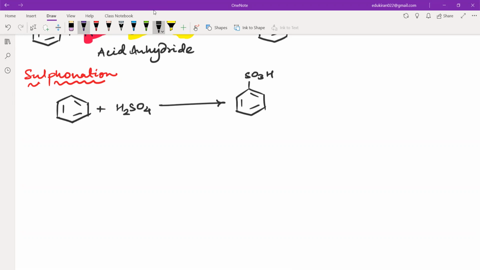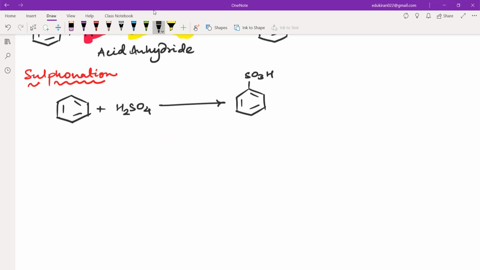Now, in this, for the generation of electrophile, there are two mechanisms. Both of them are fine. Actually, let me just write the mechanism only.